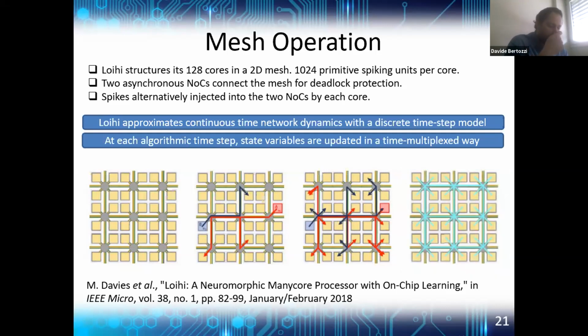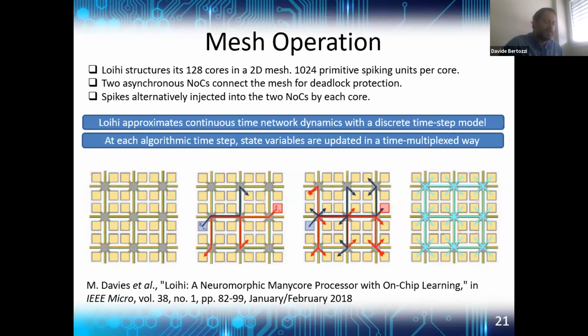Finally, the last course of action taken in this system is that once each core has finished processing its local neurons and synapses, after processing and updating their state, they need to move to the next epoch.